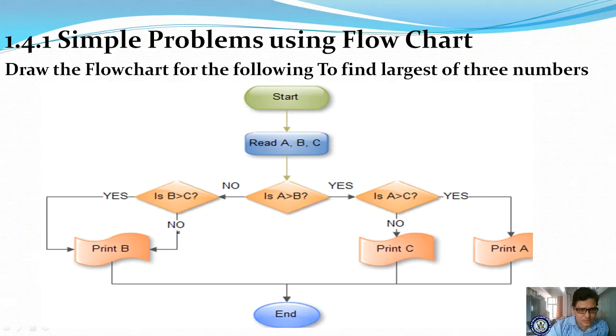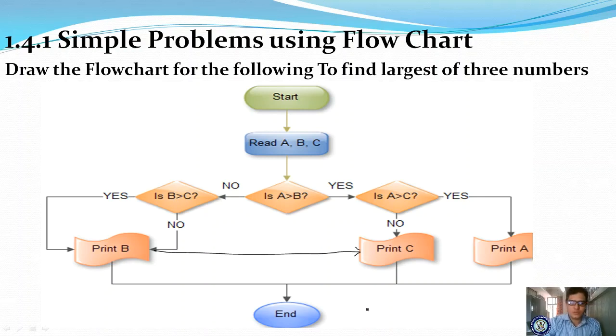Yes, let me draw once again. So it is not there, it has to come here and it has to print c. Got it? When b greater than c is false, then it will print c, not b. If it is yes only, it will print b. Okay, so this is right.